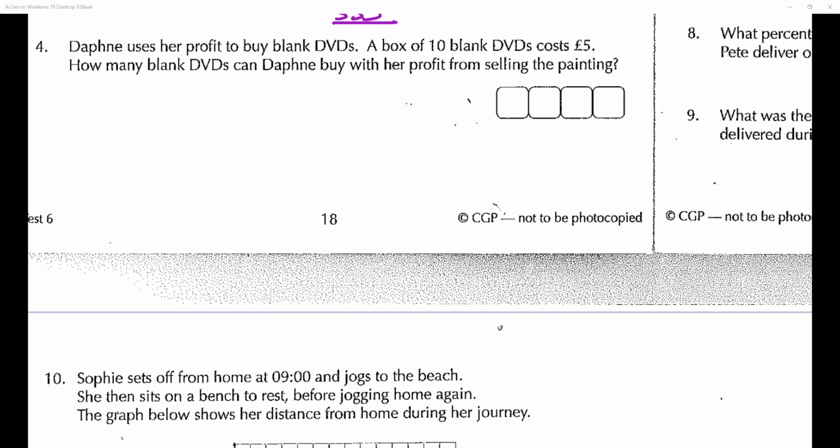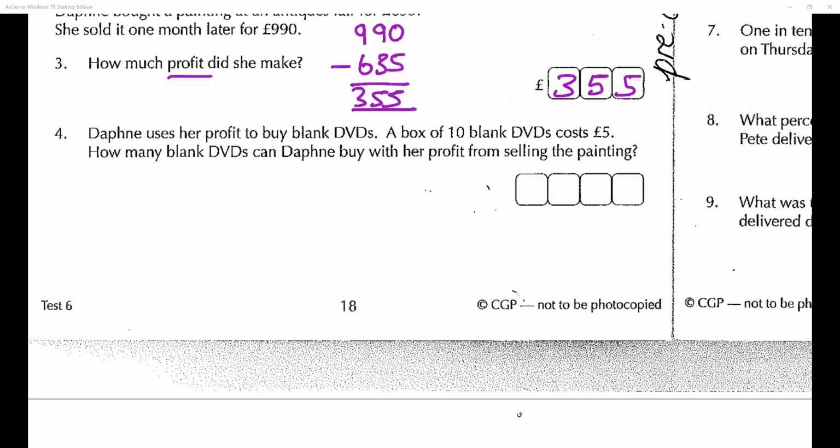Daphne uses her profit to buy blank DVDs. A box of 10 blank DVDs costs £5. How many blank DVDs can Daphne buy with her profit from selling the painting? So she uses the profit to buy blank DVDs. Okay. How much profit did she make? She made 355.